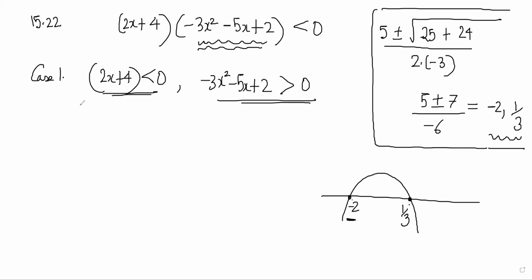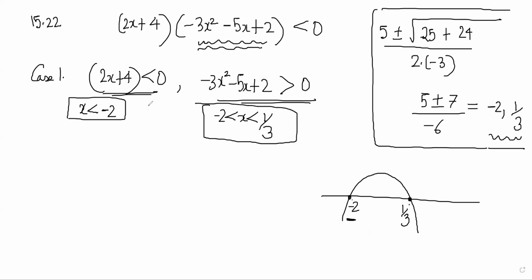When x is less than -2. When is this greater than 0? When x is greater than -2 and less than 1/3. Can both the things happen at the same time?